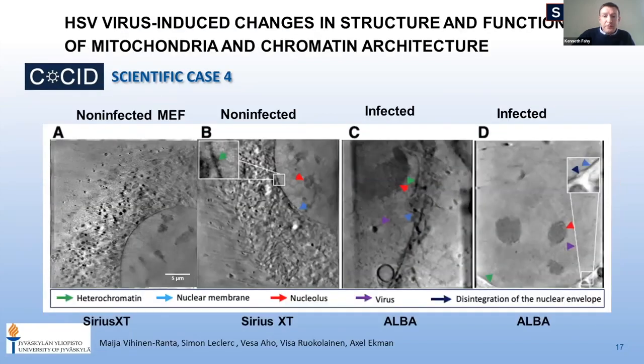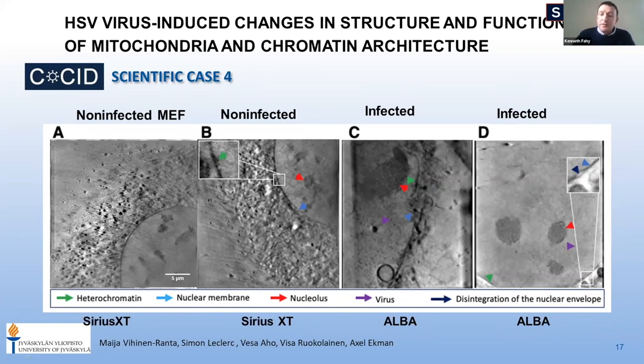And here with University of Jyväskylä in Finland, SXT100 is being used to investigate the structural analysis of chromatin and mitochondria in herpes virus infected cells. Here they are using a combination of the SXT100 along with the ALBA soft X-ray beamline.